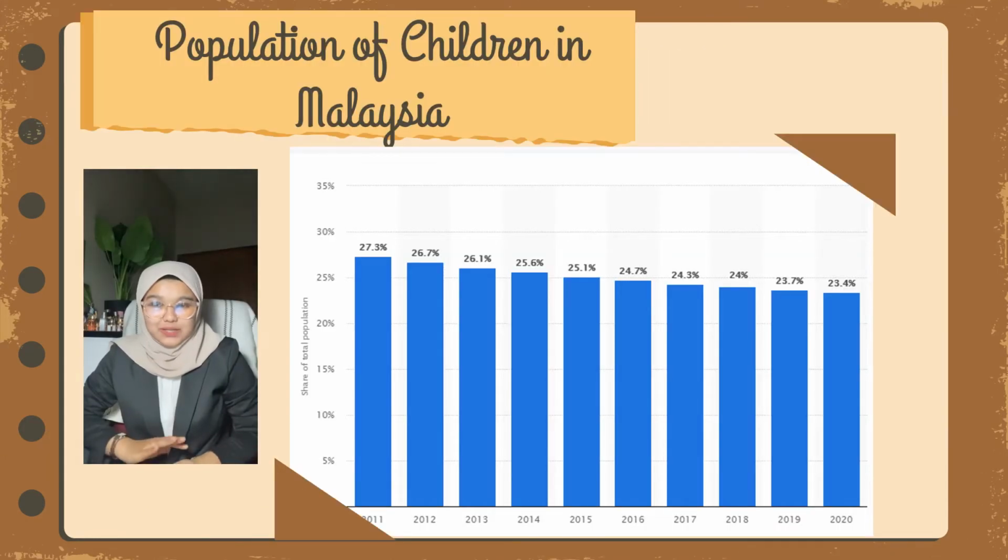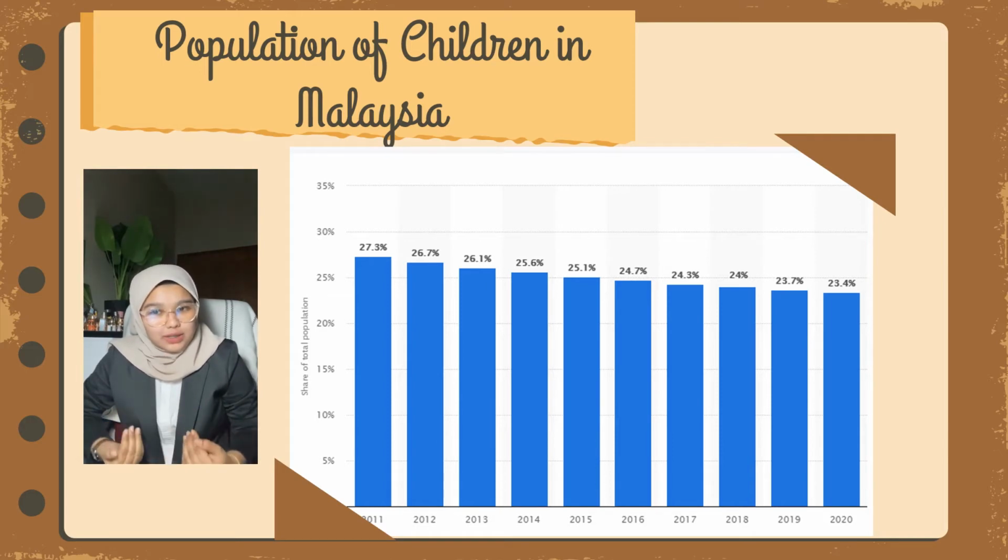From the graph, as you can see, the decreasing trend keeps on going from 2011 to 2020. In 2011, the population was 27.1%, it decreased to 26.7% in 2012 and dropped to 26.1% in 2013. Little by little, the population goes down to 25.6% and falls to 25.1% in 2014 and 2015.